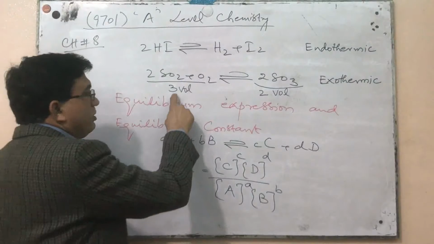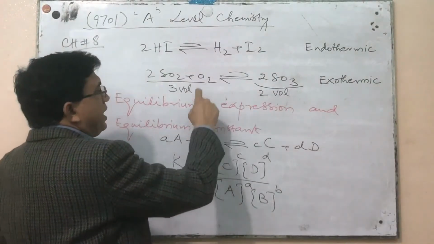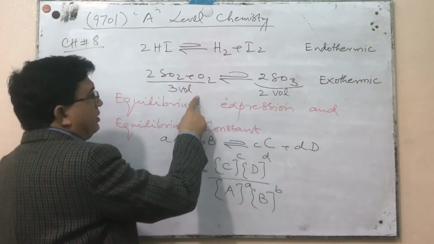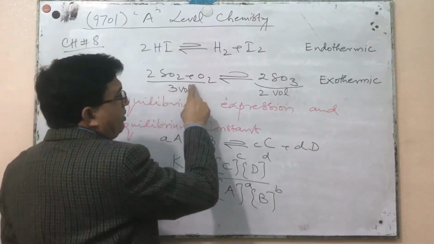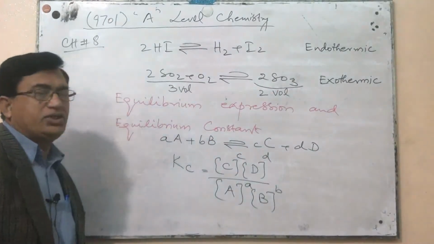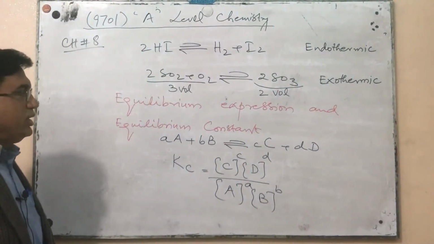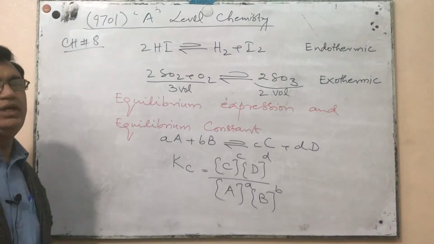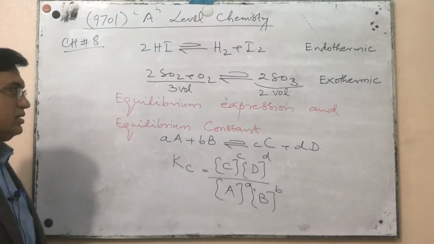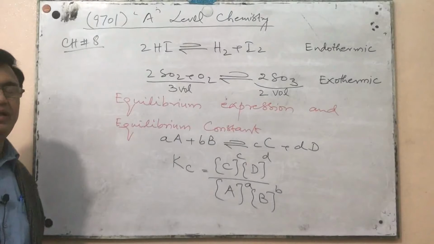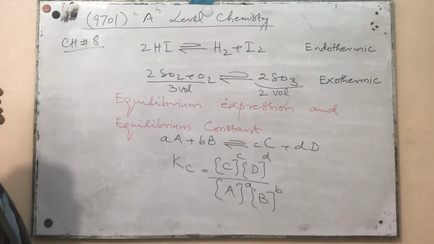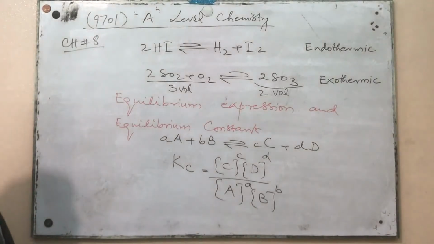As the volume is decreasing, it means that on increasing pressure, this reaction will move in the forward direction to restore the equilibrium position once again. This is the effect of pressure, and the similar will be discussed all the time.